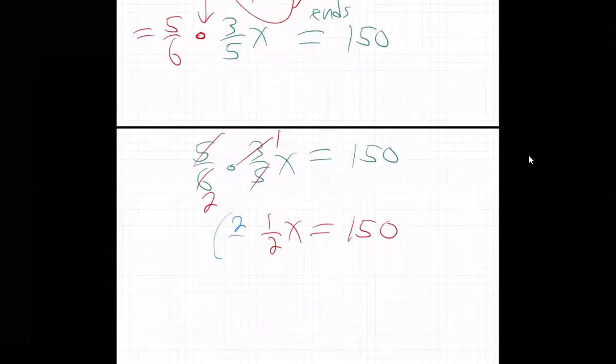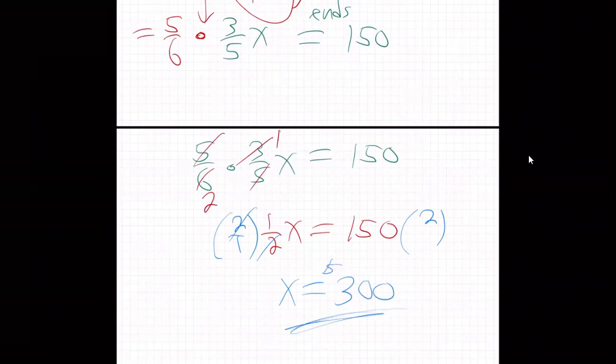Yeah, multiply by the upside down fraction. 2/1 cross cancels. So X is, and you don't need to put the over 1 here because 150 is not a fraction, just 2 times 150, $300. She must have started with $300.